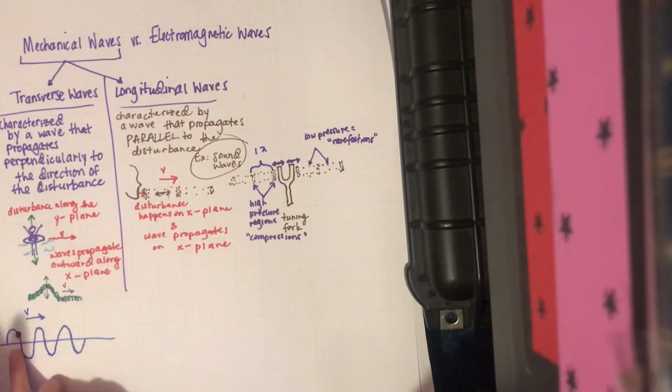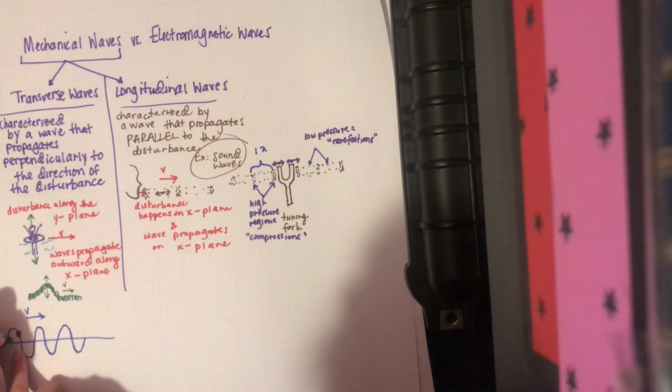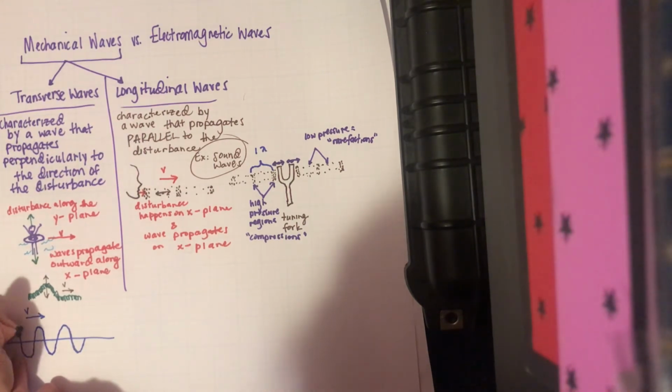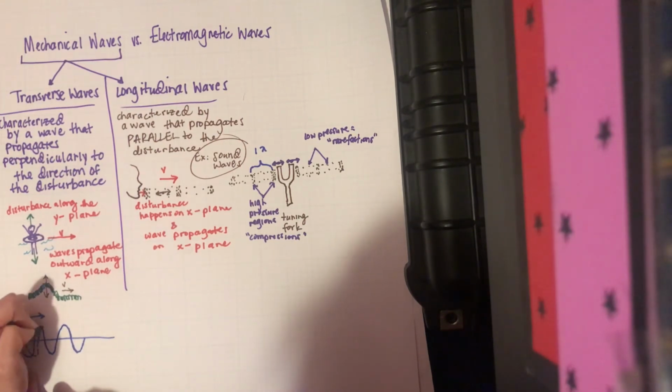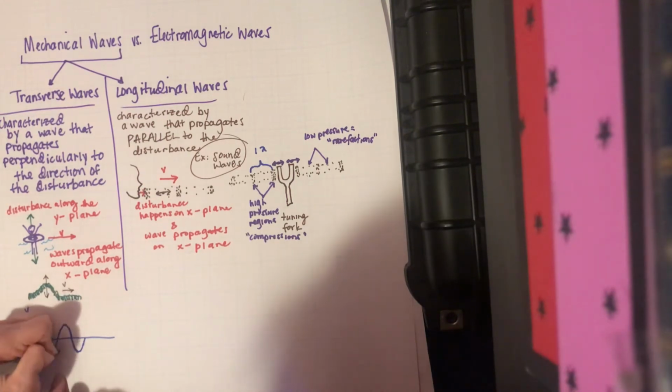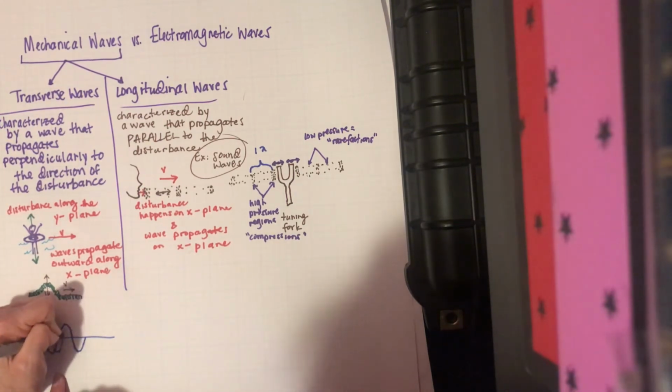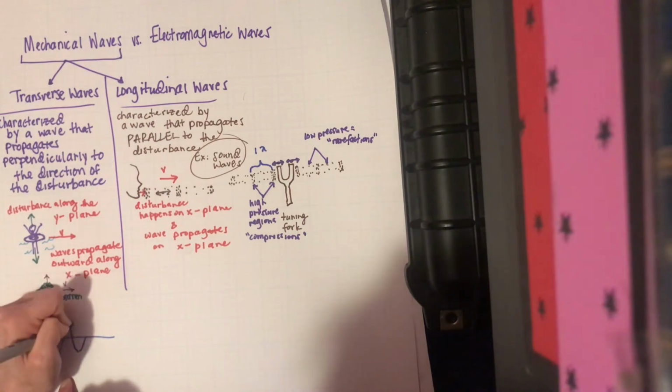Okay, so I'm going to recreate this exact same waveform next to the original diagram, and this is going to allow me to see if that point is going to oscillate up or down.